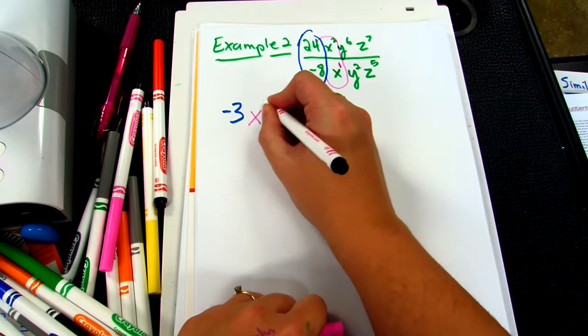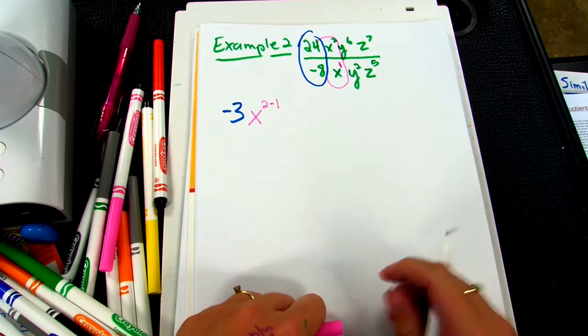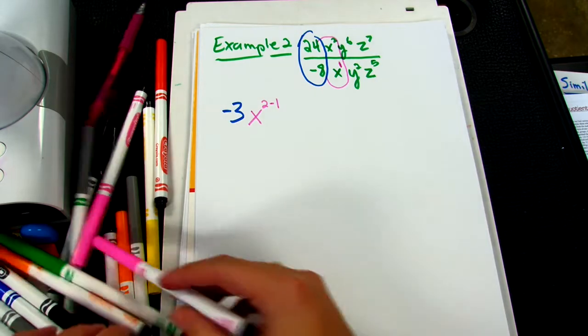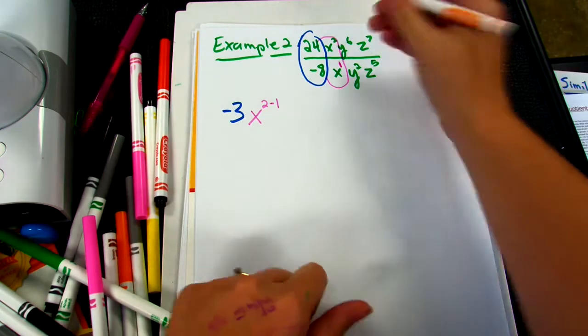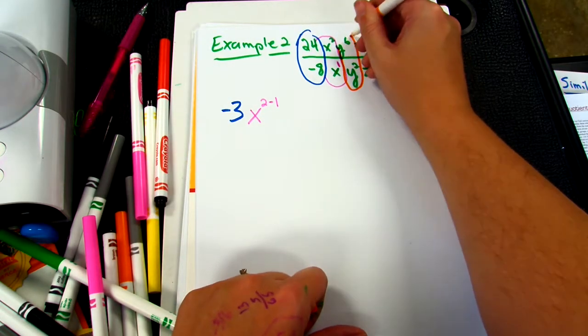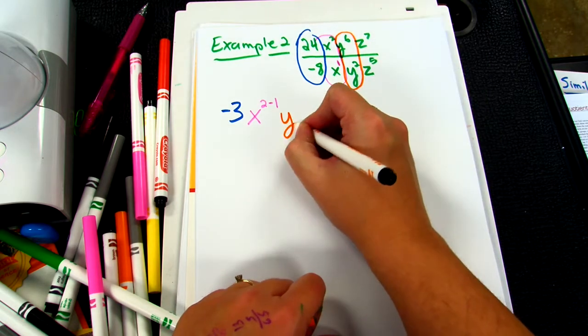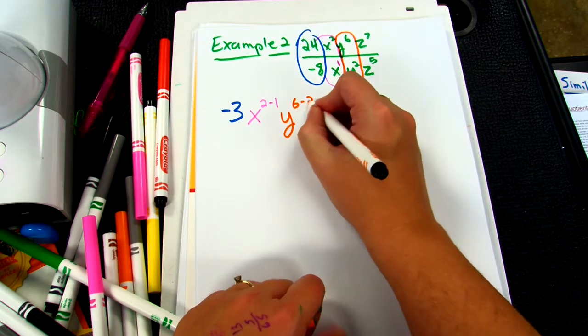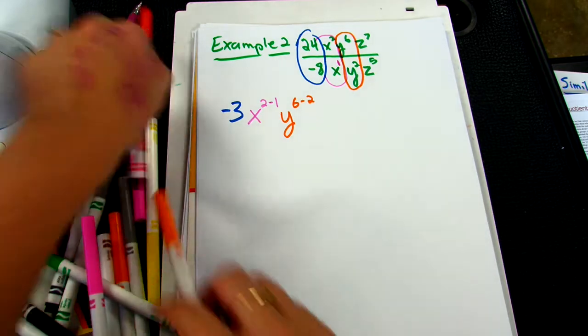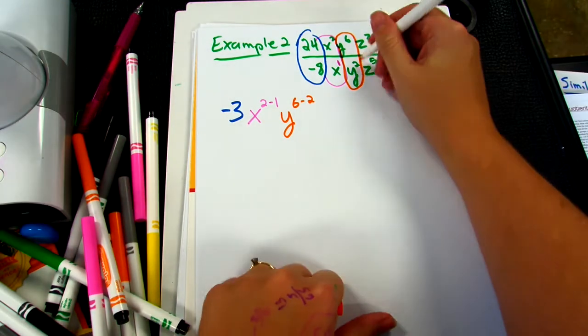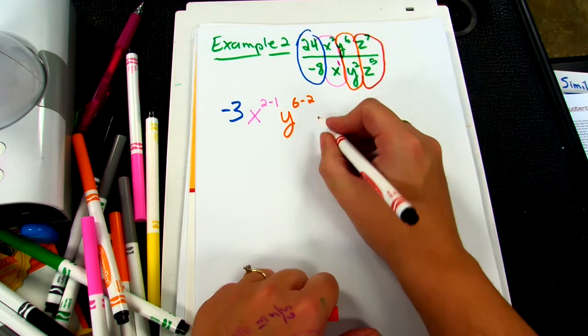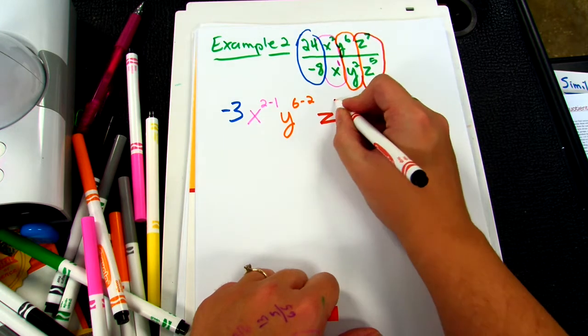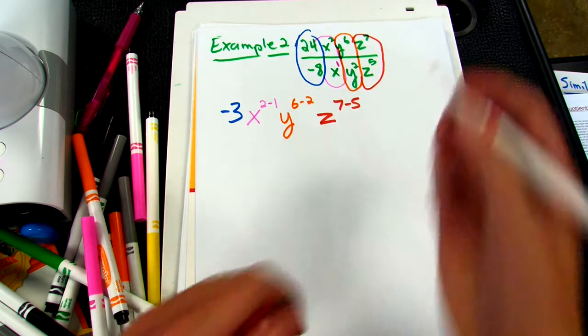So this is going to become x to the 2 minus 1. And then we have y to the 6 over y to the second. So this will become y to the 6 minus 2. And then we have z to the 7th over z to the 5th. So that will become z to the 7 minus 5.